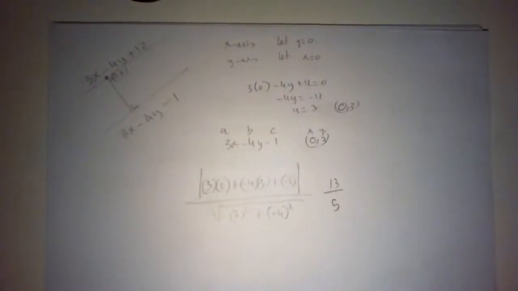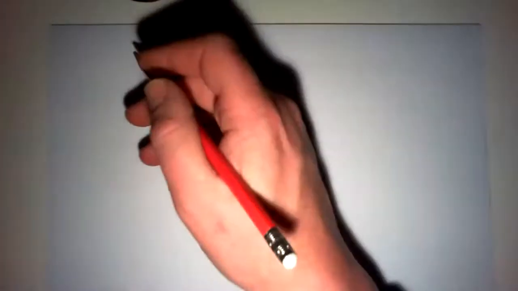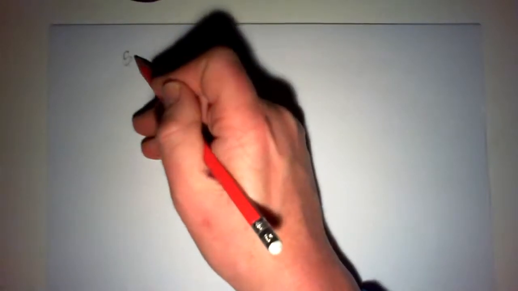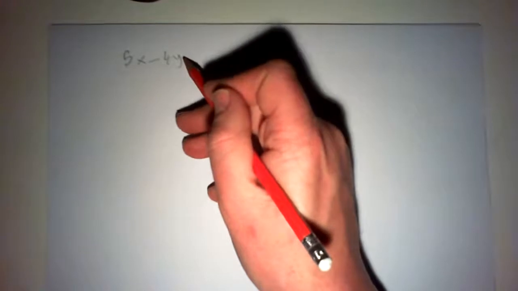Now, we're going to have a go at another one. So what we're going to have a look at is one equation. Here we have an equation, and I'm going to give you 2 sets of points.